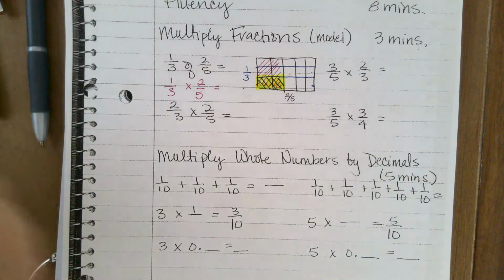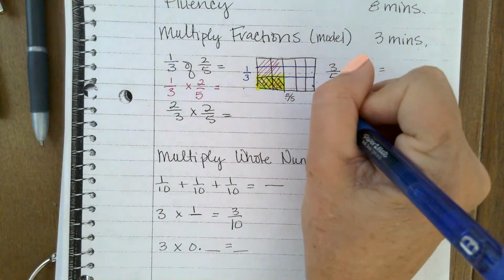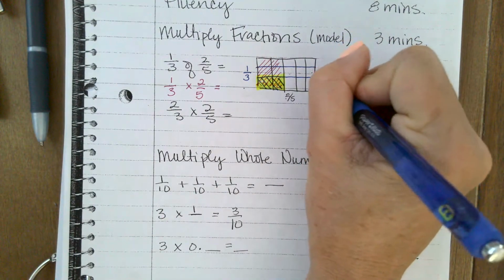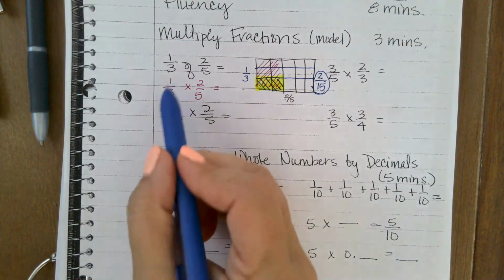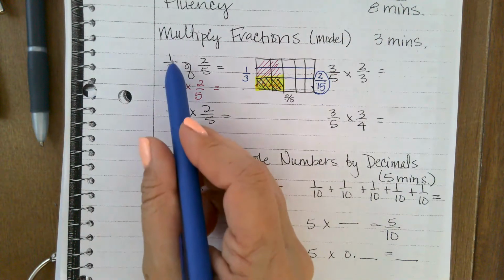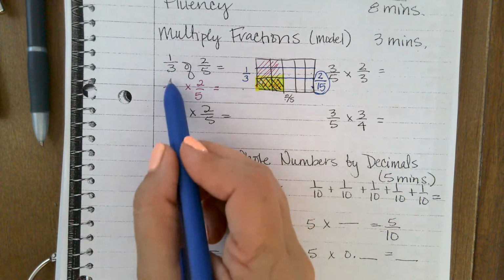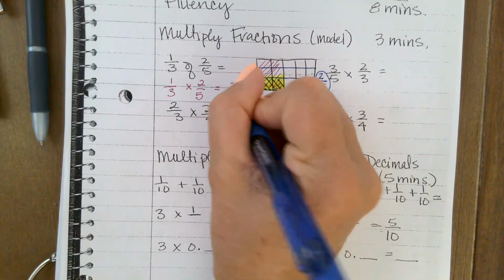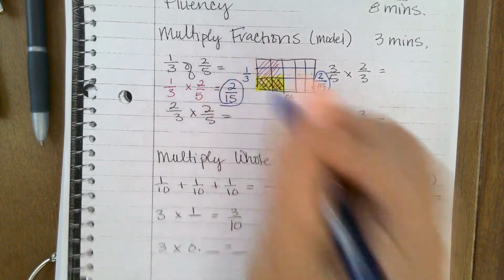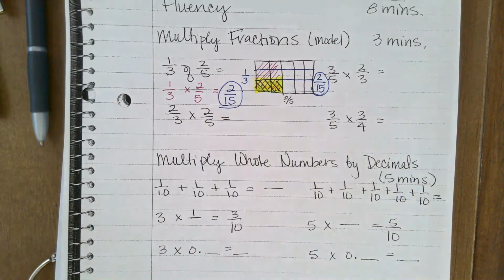So 2/15 is what is double shaded, correct? So now let's come over here and solve, and just do 1/3 of 2/5. 1/3 times 2/5 is the same as 2/15. So they both go together.